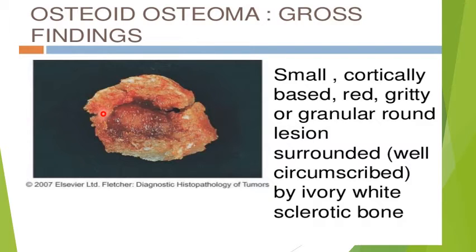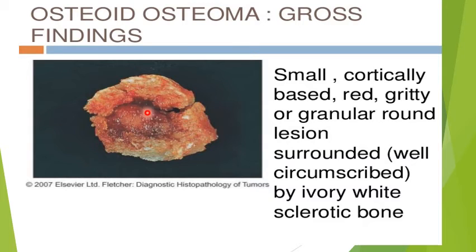Grossly, it will form this shape. As you can see, I am pointing at the osteoid osteoma now, and as you may remember, you have to go to full screen to see the pointer. This is, as you can see, in the center.